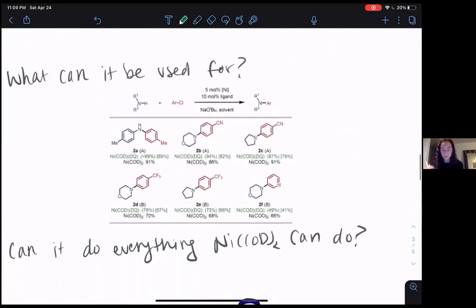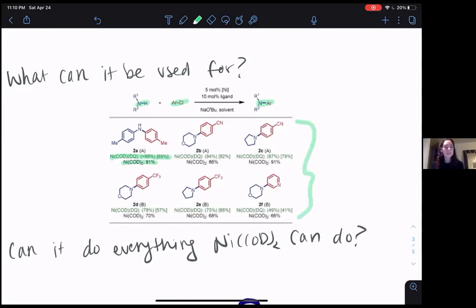Well, here is an example. If we look below on this figure, we've shown the comparison of nickel cod with nickel cod DQ for a variety of reactions. All of these reactions are taking an NH and an aryl chloride and converting it to an N-Ar bond. These products are shown here.